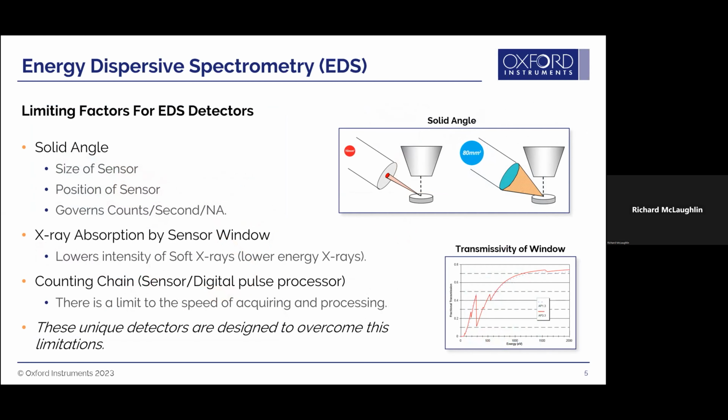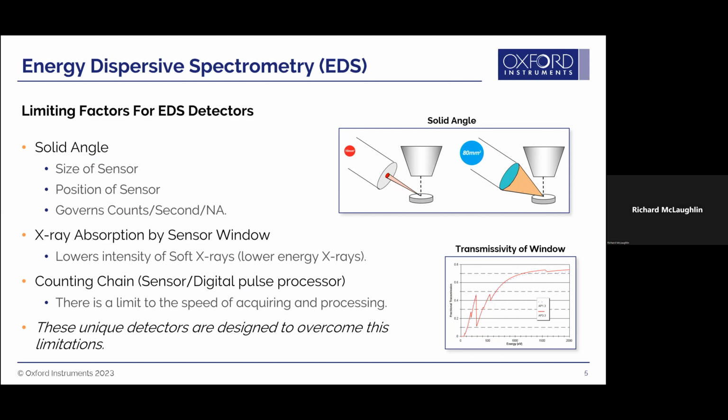Now, as I said before, standard EDS detectors are fine. They're very versatile. They can do almost all types of applications, but there are limits to standard detectors, and those limits can be broken down into three important things. Solid angle. Solid angle is a way of collecting as much X-ray signal as possible, and that's controlled by the size of the sensor.